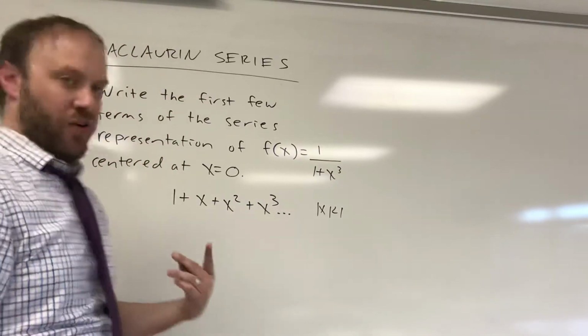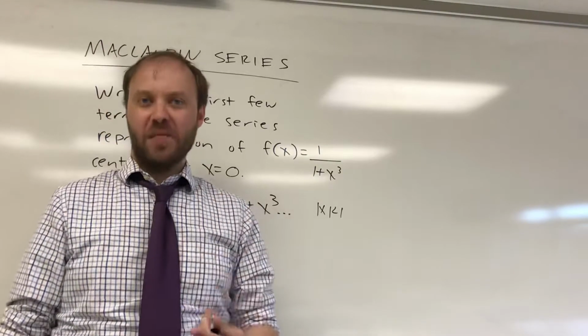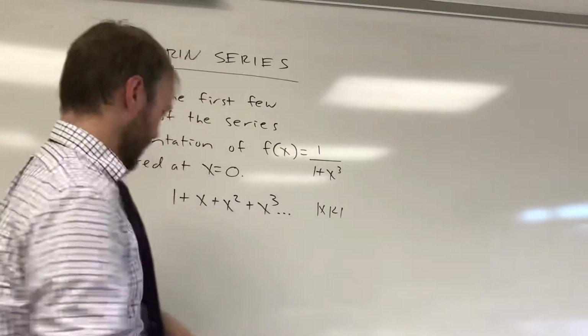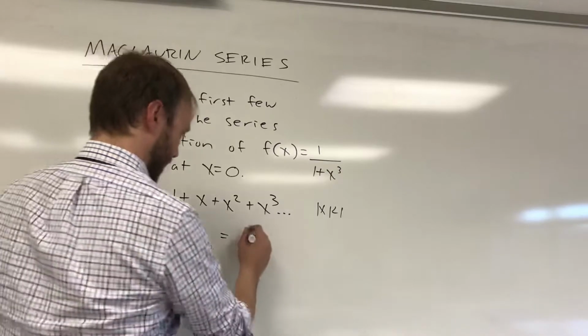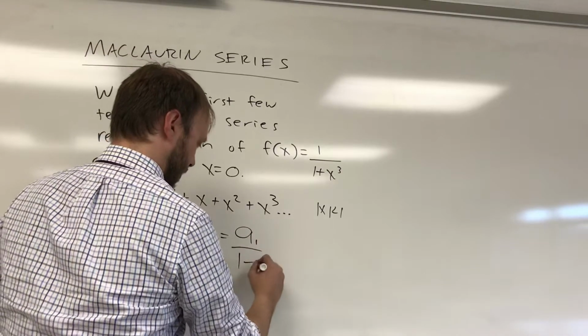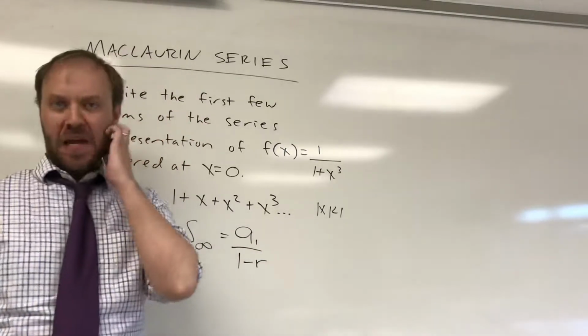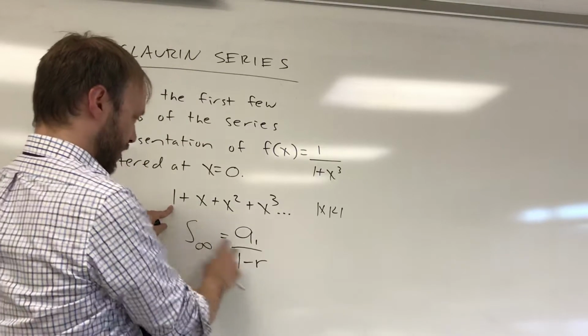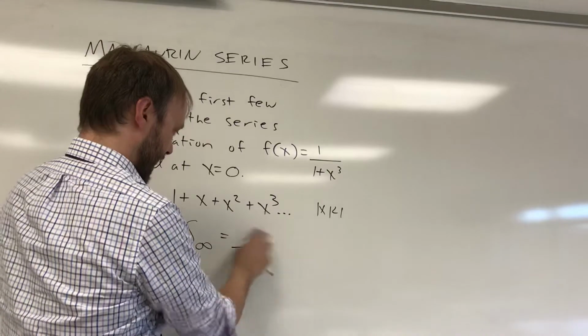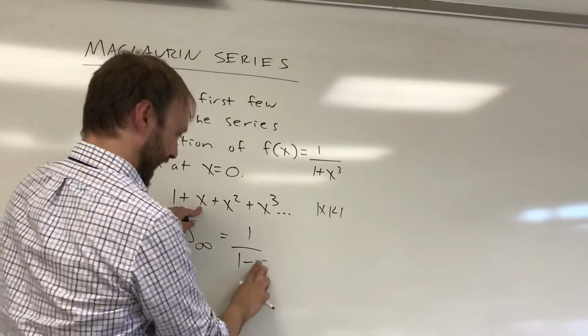Anyway, if you remember, the sum of an infinite geometric series, if it's convergent, the sum of infinitely many terms is equal to the first term divided by 1 minus the common ratio. If you think about how that pertains to this, the first term here is 1, and the common ratio is x.